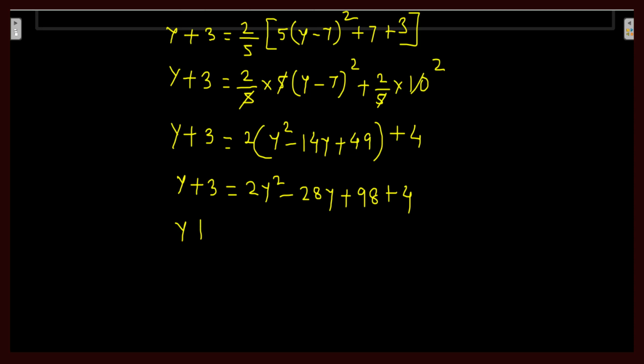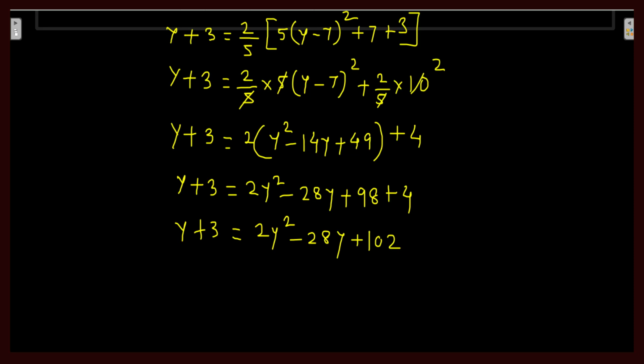So this is Y plus 3, which is equal to 2Y square minus 28Y plus 98 plus 4, that will be 102.